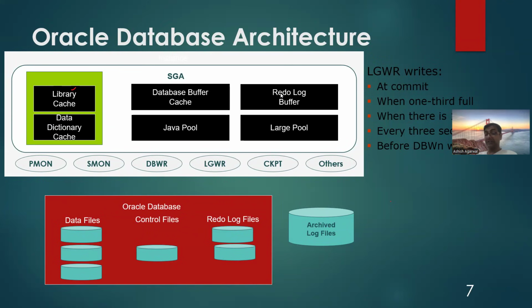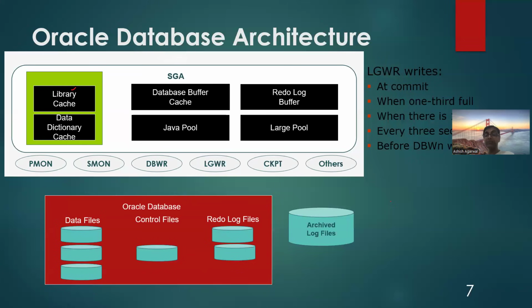So once the data gets written into the redo log buffer, the database writer process writes the data from the database buffer cache to the data file. Now the data from the redo log buffer gets written to the redo log files with the help of the log writer process. You see this LGWR. DBWR stands for database writer, LGWR stands for log writer.